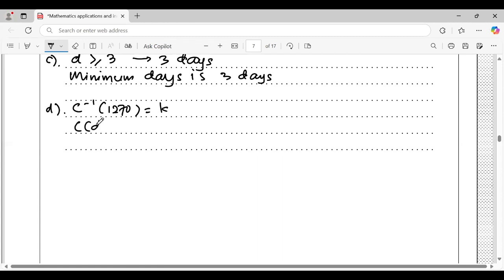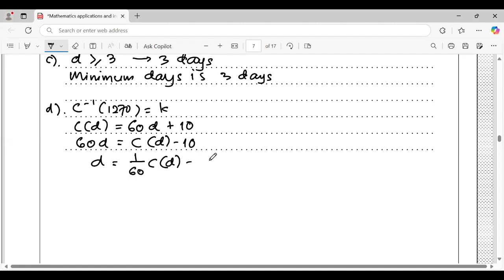So according to the problem, the function C(D) equals 60D plus 10. It means 60D equals C(D) minus 10, so D equals 1 over 60 C(D) minus 1 over 6.